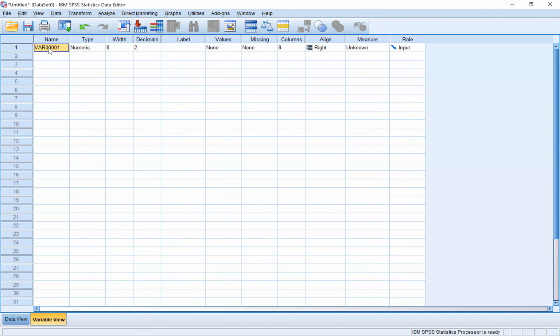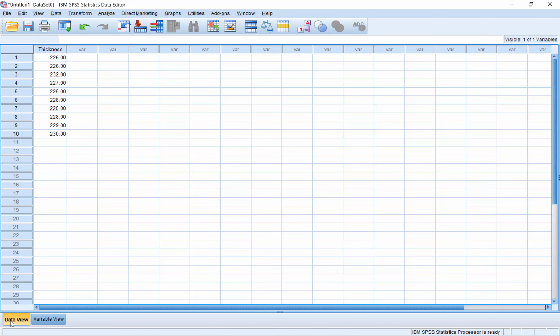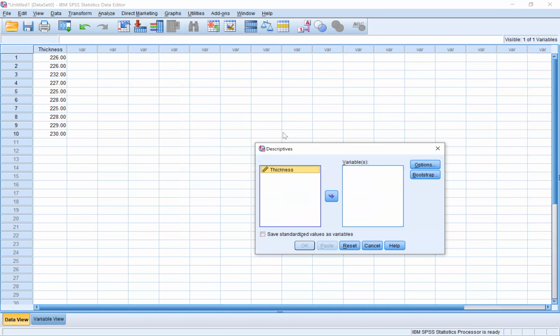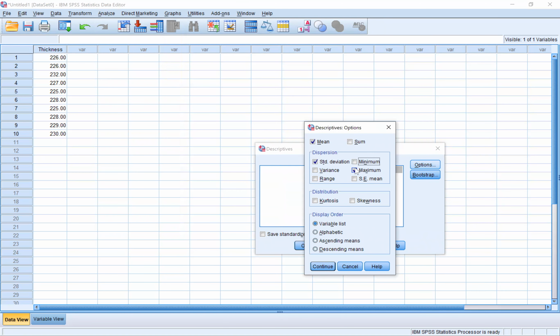I can give it the name thickness, and now you can just do the descriptive statistics to compute the sample variance. I don't need all these. Let's keep the mean there, it doesn't matter.